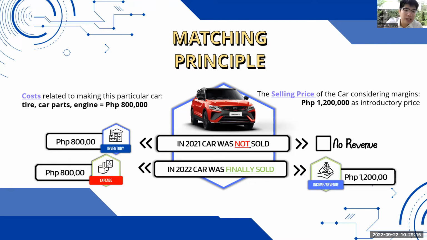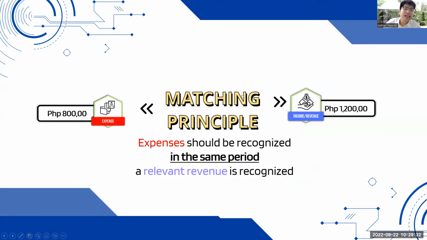From inventory, we'll turn it into an expense. The 800,000 will then be a cost of goods sold expense, matching the 1.2 million revenue attributed to this particular car. In essence, that's what the matching principle is, right? That expenses should be recognized in the same period a relevant revenue is recognized.